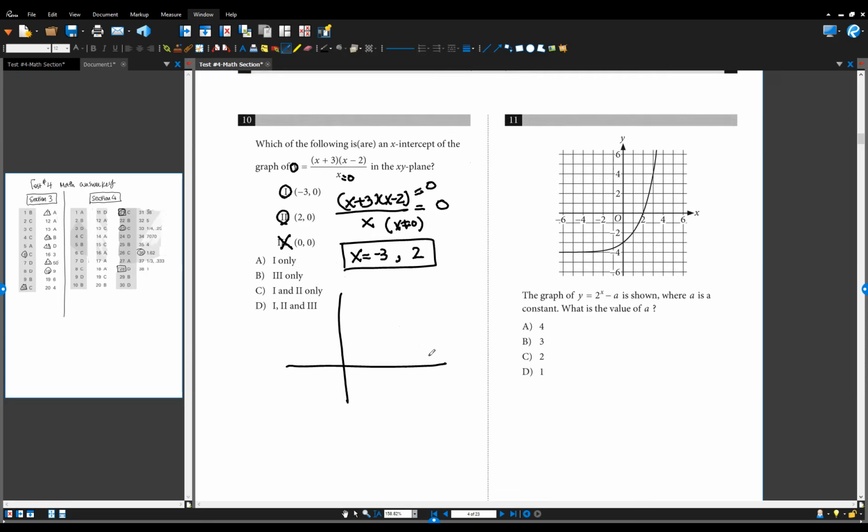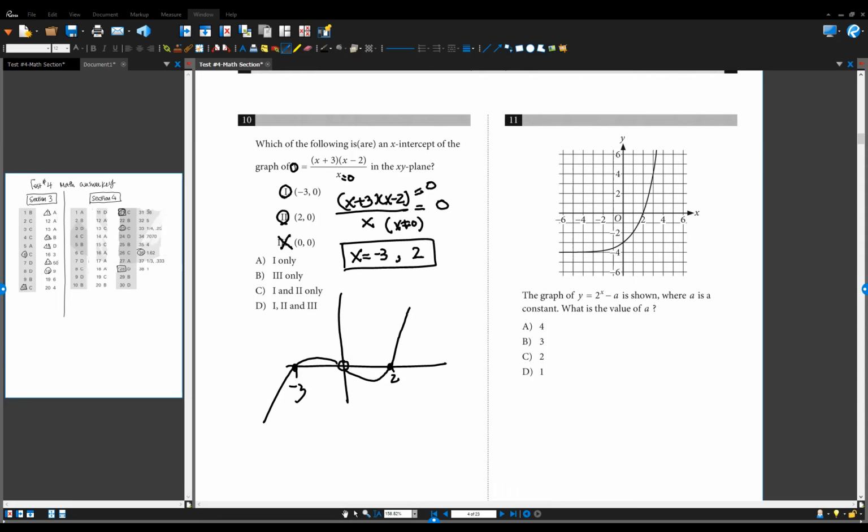just give me 1 minute, okay? X times x squared, I think 2, -3. Graph looks like this way. Okay, let me make it short, okay? I'm going to show you how the graph looks.